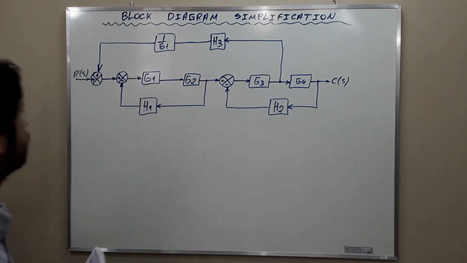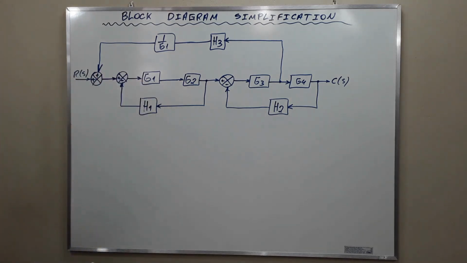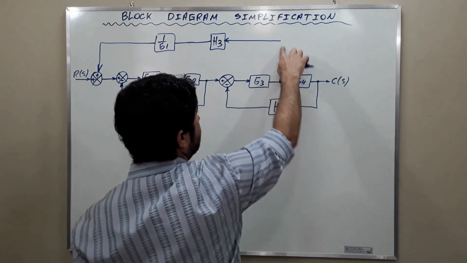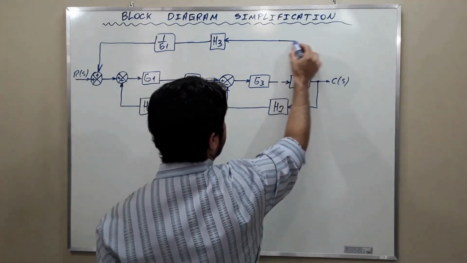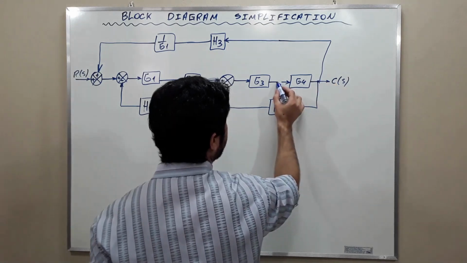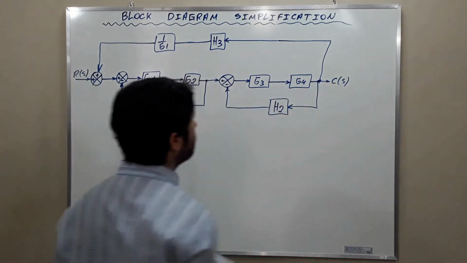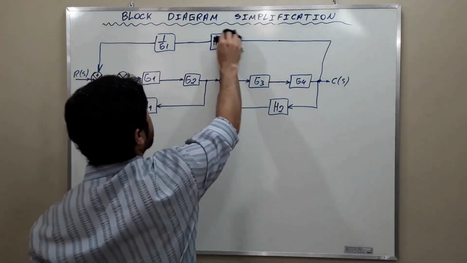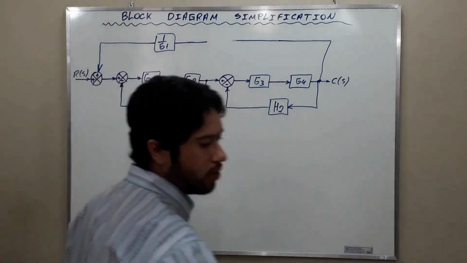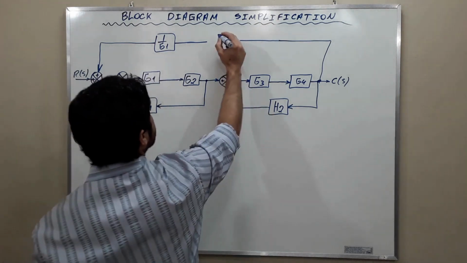And H3 becomes H3 divided by G4 because we are going to connect it here. H3 over G4.